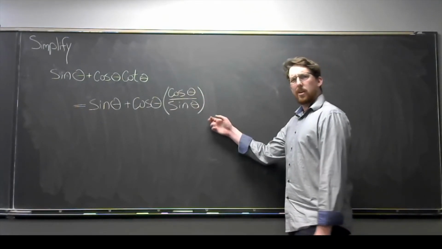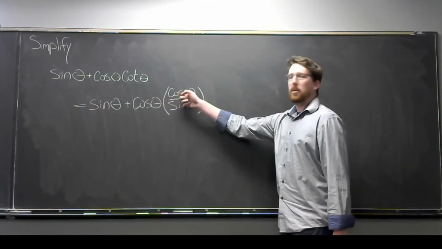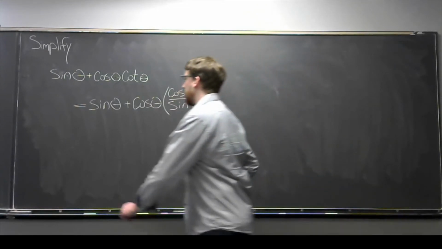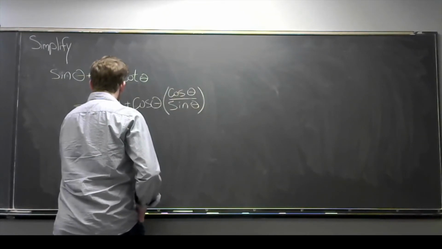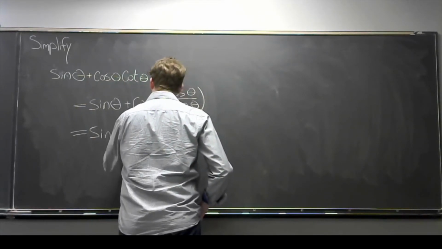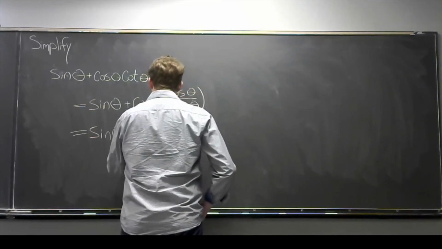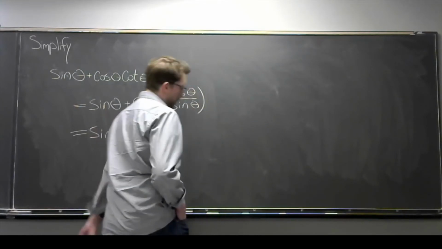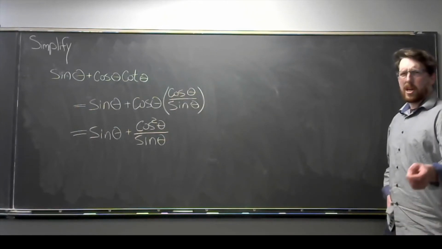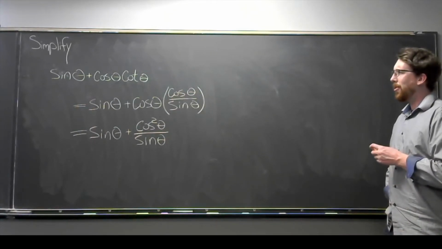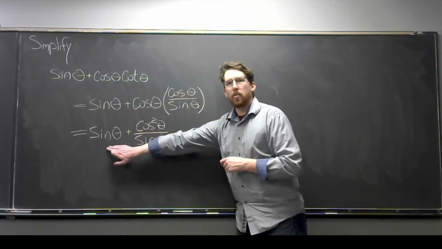So how are we going to solve this? What are we going to do here? Well, we can go ahead and multiply this cosine with that cosine. Let's do that really quick. We're going to end up then with sine theta plus cosine squared of theta over sine theta. Well, looking at this, I can multiply this sine theta by 1, right?